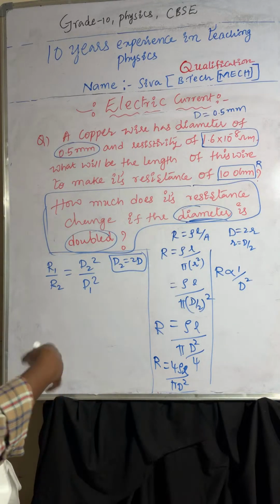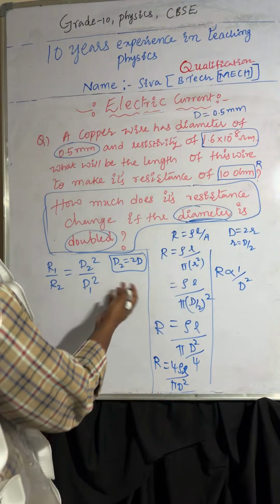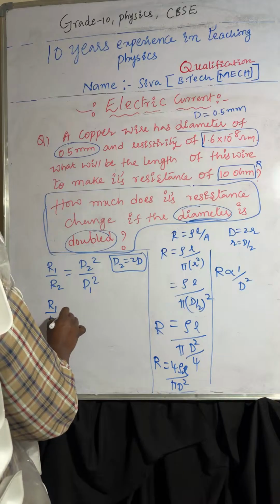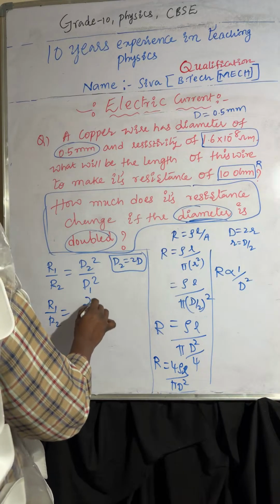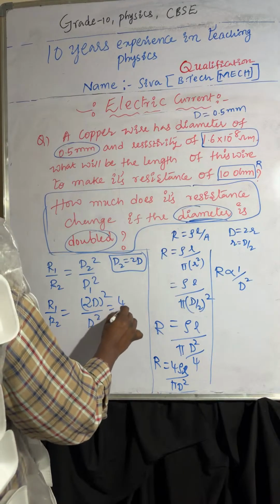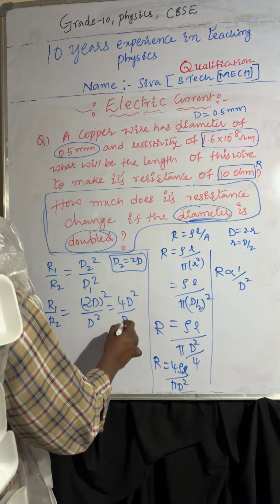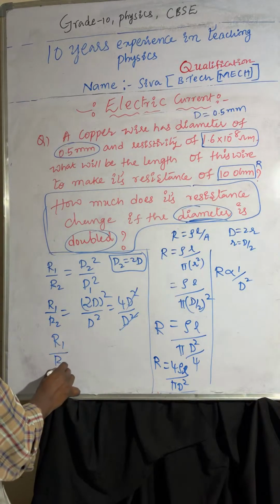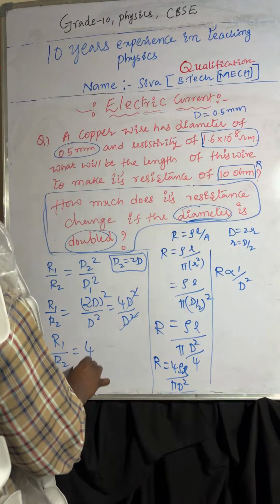First diameter is D only, second diameter is doubled. So R1 by R2 equal to 2D whole square by D square. Then you'll get 4D square by D square. D square gets cancelled. R1 by R2 equal to 4.